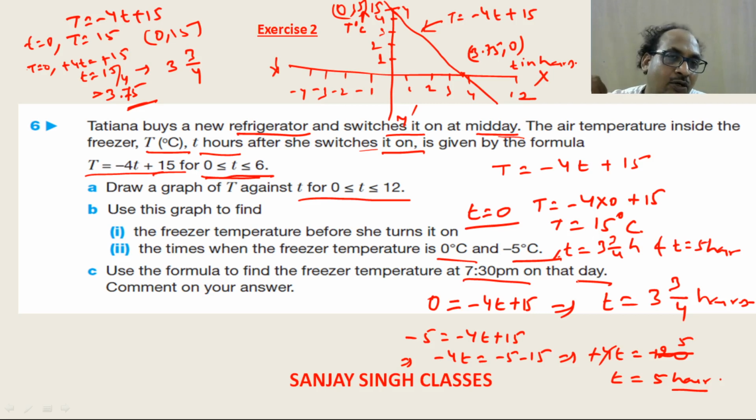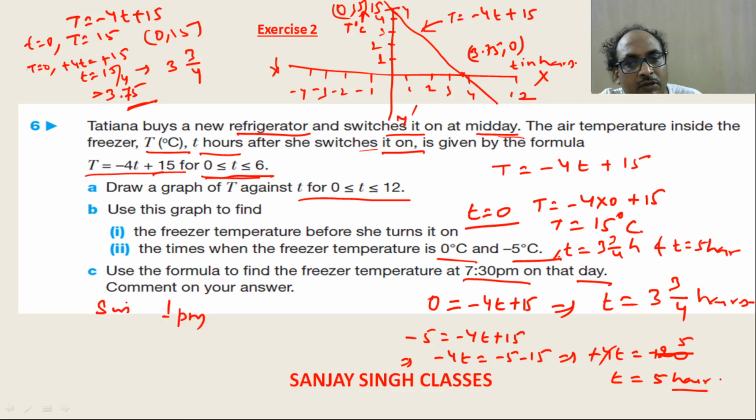So C switches it on at midday, just in the midday you can say, and we need to find the temperature at 7:30 p.m. Suppose midday means C is switching it on just at 1 p.m.